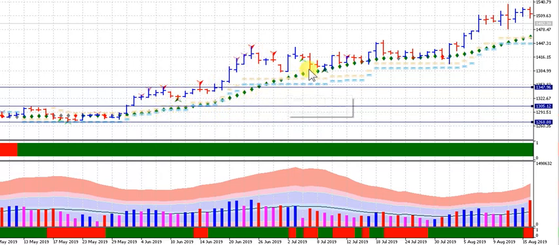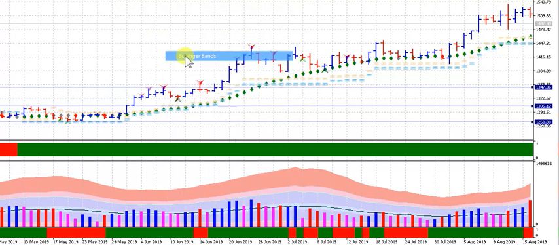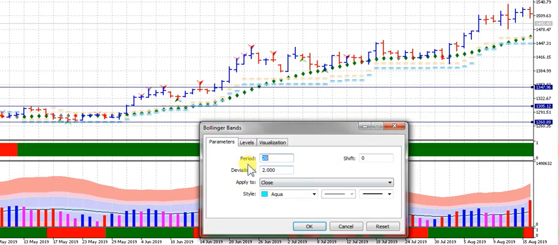This is a standard Bollinger Band. The middle of a standard Bollinger Band is the trend diamonds, and basically the price was staying above the Bollinger Band center. If I go and show you guys this, if I go in here and put a trend, I think the Bollinger Bands are under trends because it's a trend tool and it's a standard setting.